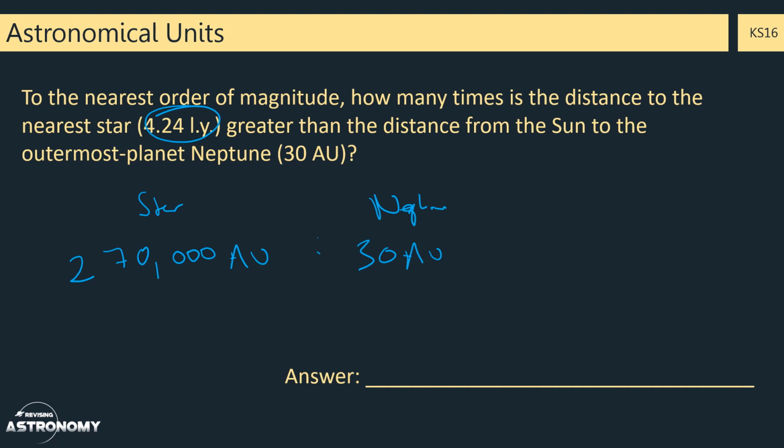So therefore we want to know how many times greater that distance is. So we would do 270,000 divided by 30, which is going to be 9,000. And then it says it wants it to the nearest order of magnitude. So orders of magnitude are multiples of 10. So you can see that this is in the thousands. So it would be the order of magnitude 10 to the 4.